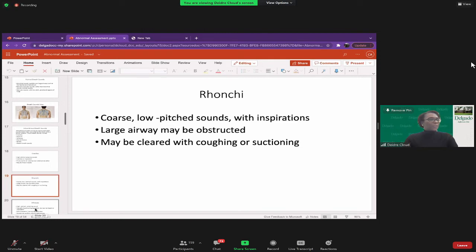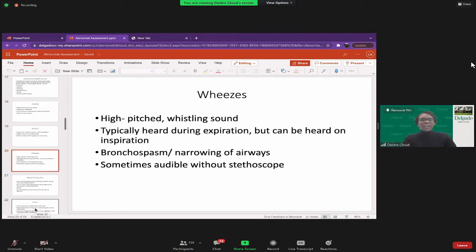Just assess your patients. And so now we have wheezing. Sometimes wheezing is so loud, you can hear it at the door. And you'll see this a lot with what disease process? Asthma. Asthma a lot. Yep.